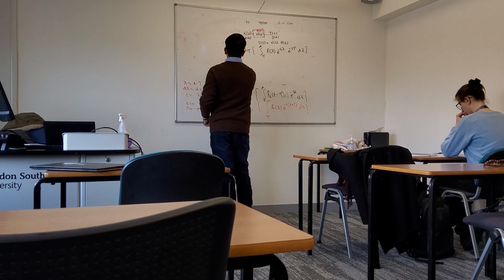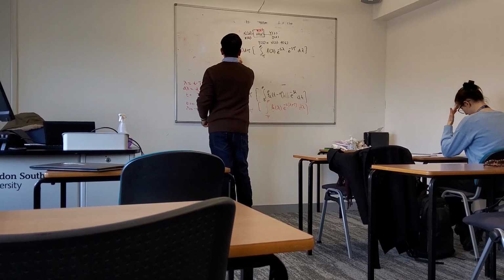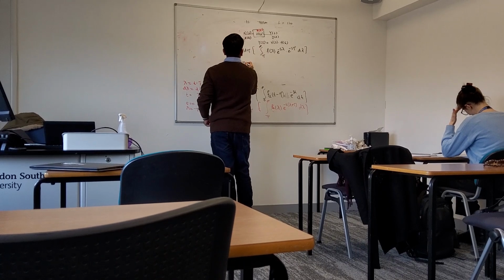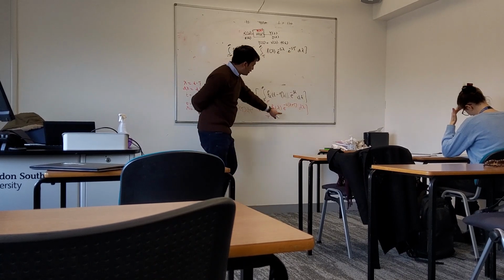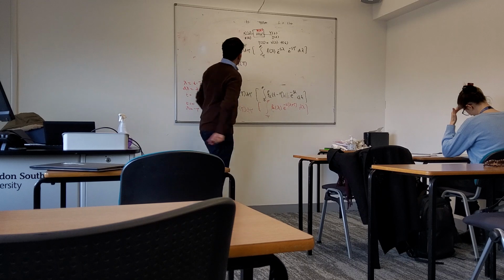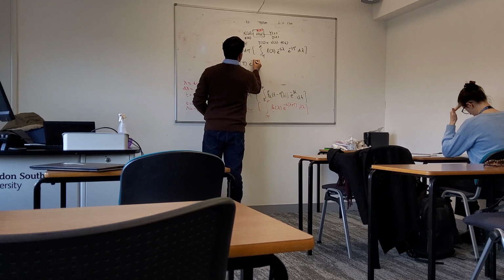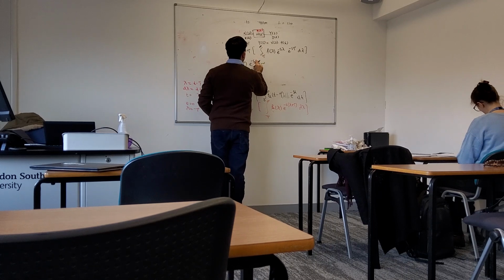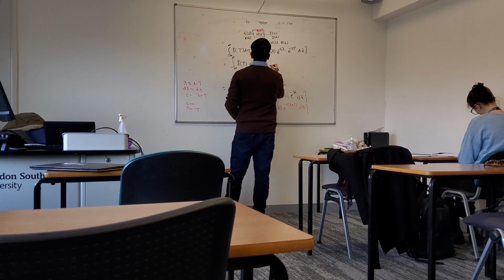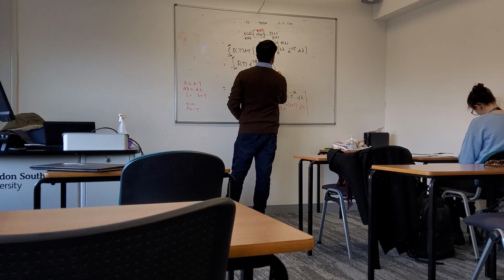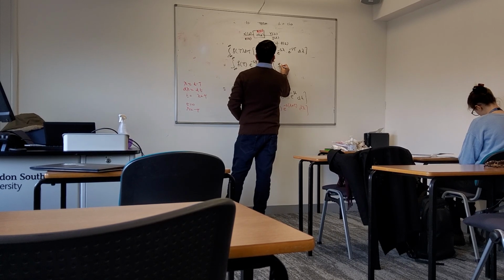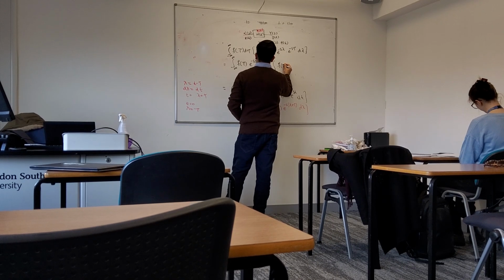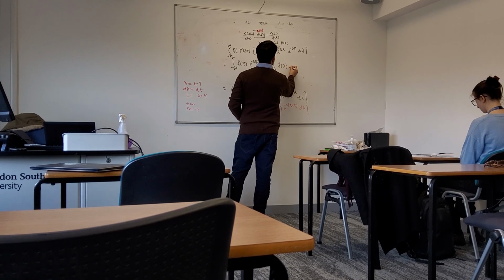I can further write it as minus infinity to infinity f1 of tau e power minus s tau d tau, and also you have minus tau to infinity f2 of lambda e power minus s lambda d lambda.